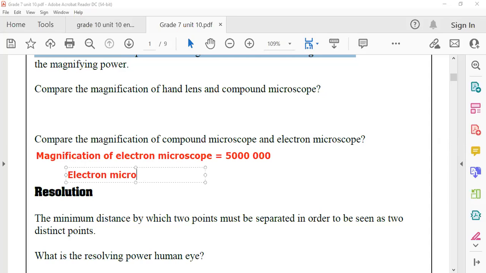The electron microscope is magnification-wise greater than the compound microscope. Remember, of these three microscopes, the most common one every school has is the compound microscope, and a hand lens will be there. In the whole of Sri Lanka, there are only 1 or 2 electron microscopes. Understood? Yes, sir. In total Sri Lanka, only how many? 1 or 2.